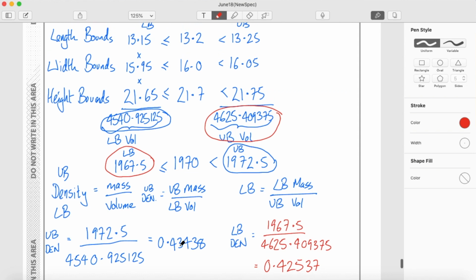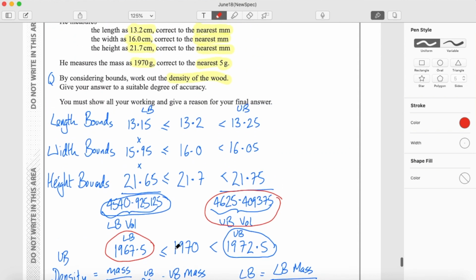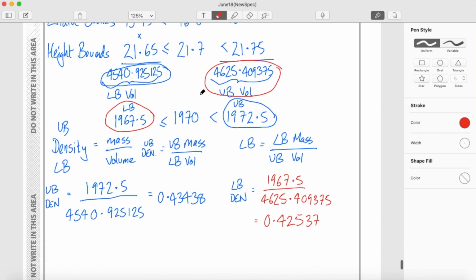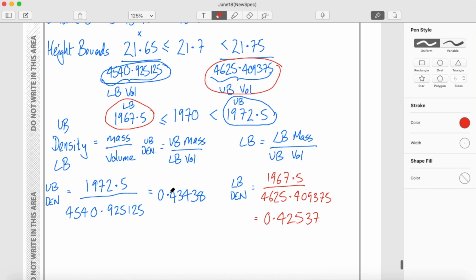Now, we have an upper bound and a lower bound for our density, but we want an answer to a suitable degree of accuracy. Well, at two significant figures, we have 0.43, that 4 would round us down to 0.43, and at two significant figures here, we have 0.42, and this 5 would round us up to 0.43. So that's suitably accurate since they agree.